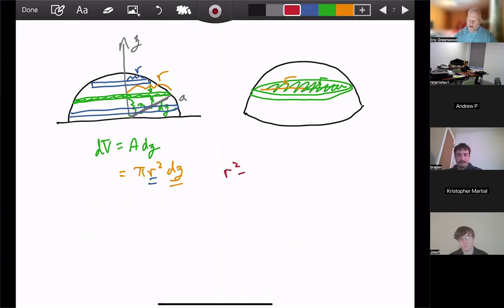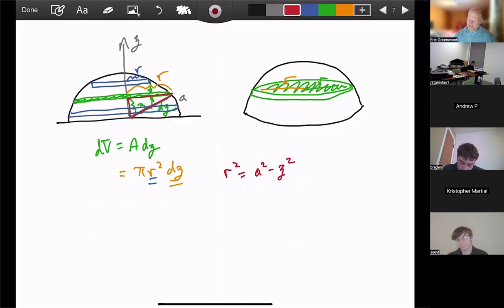So I have an r squared, right? So I'm going to draw out my picture here. So this is my a, this is my z, and then this is my r. So how could I rewrite r in terms of a and z in this case? A squared minus z squared. Good job. So this is going to be my a squared minus z squared.